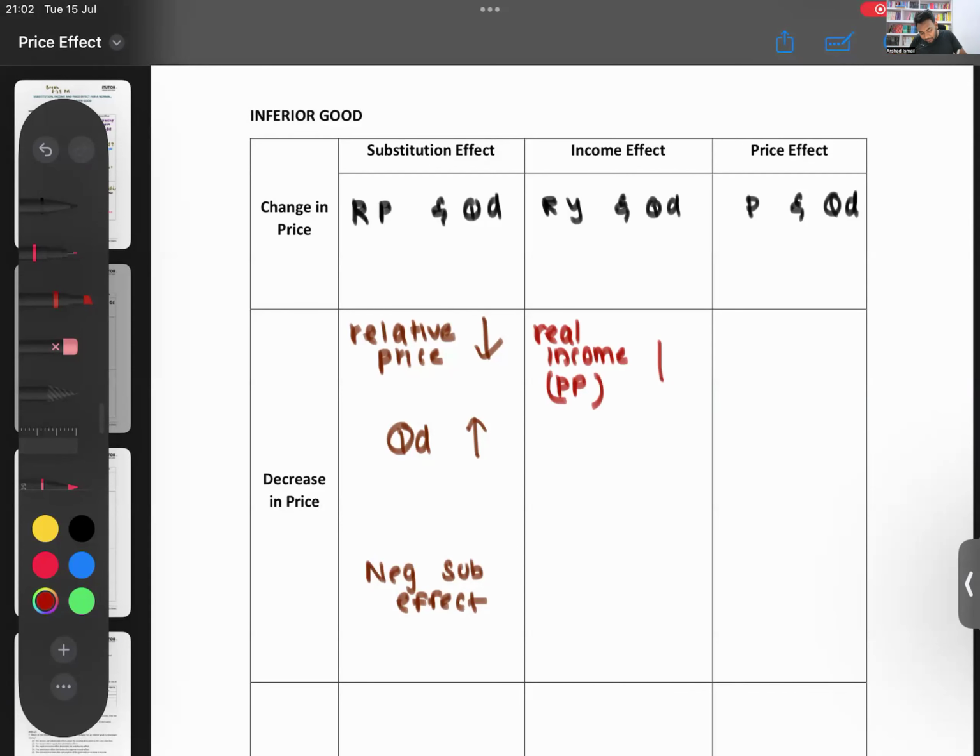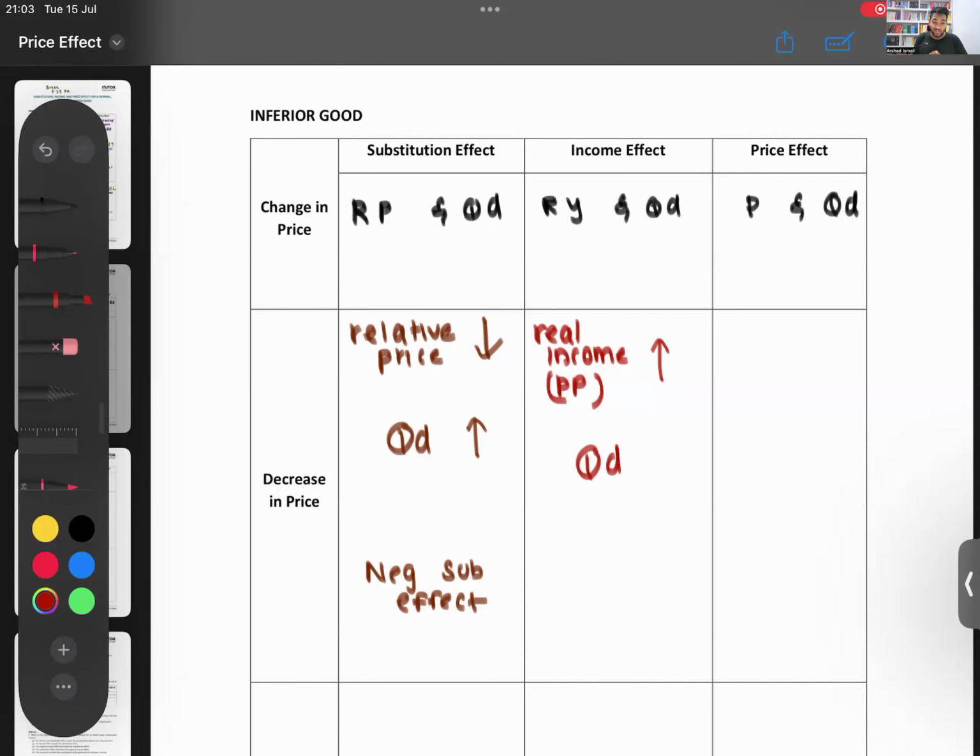But what happens for an inferior good? When your income increases, and income or real income, think of it in the same way, for an inferior good, when your income or real income increases, what happens to QD? Inferior good. We learned this earlier.